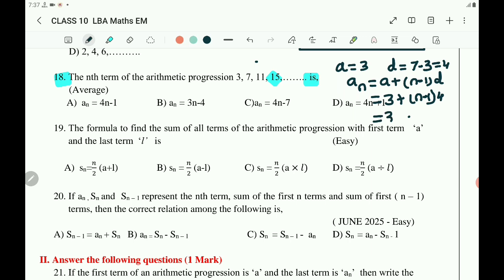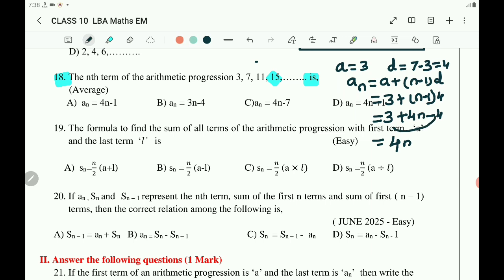Then you write 3 as it is, plus multiply n by 4. That is 4n. And also minus 1 into 4, minus 4. N into 4 is 4n. Then you write 4n first. 4n.